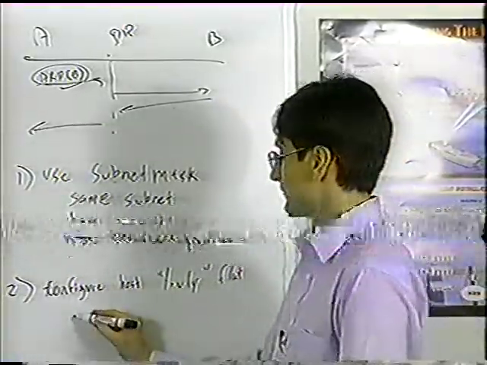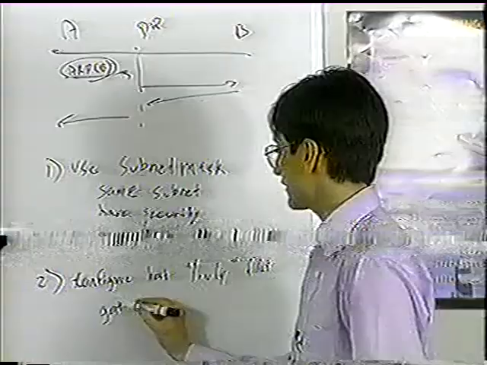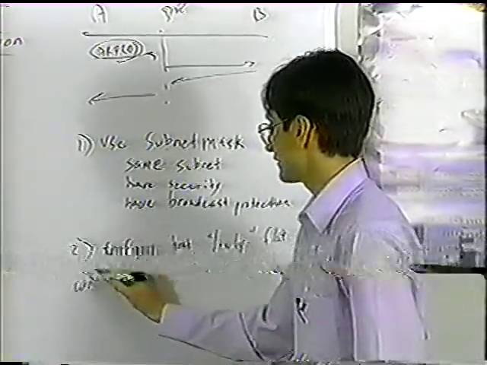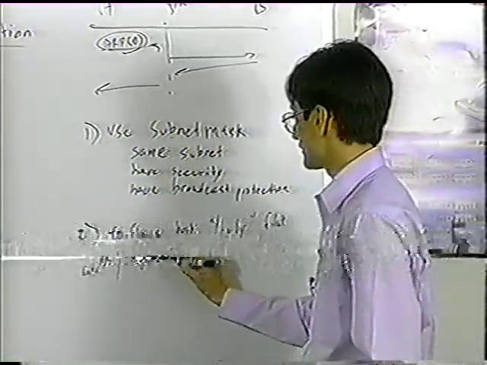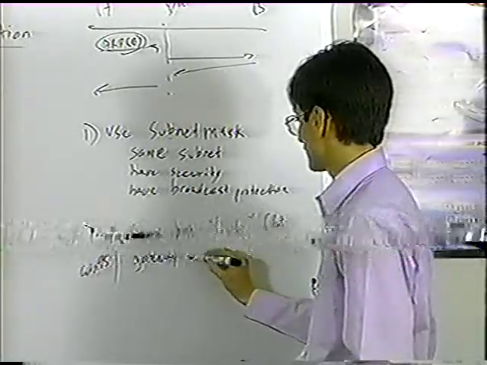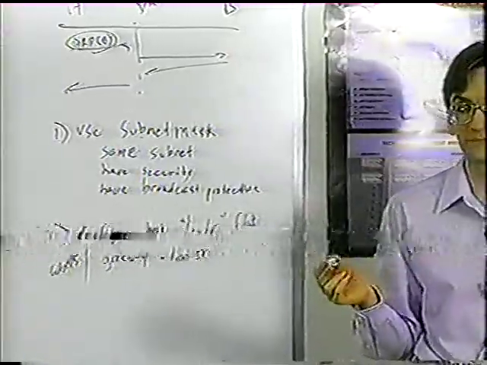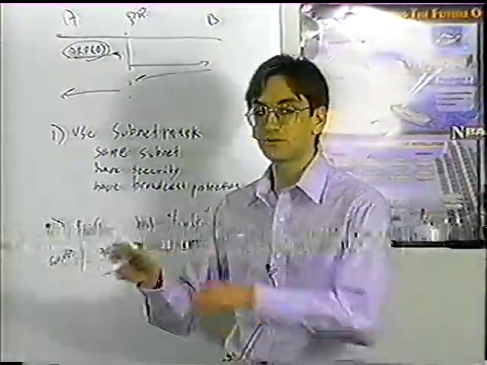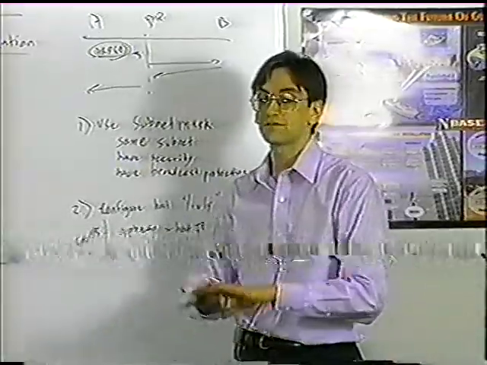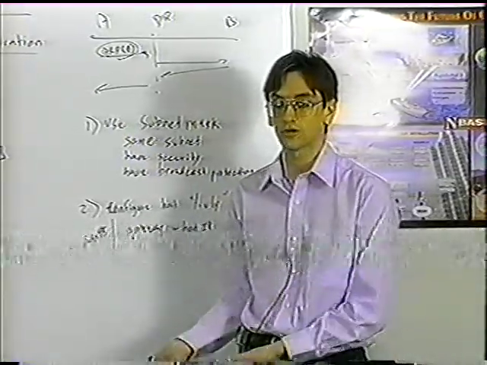But for example, what we can do is set the gateway, for example, on Win95. If the gateway is set to the host IP, then Win95 treats the whole network, everything, all IP addresses, as local.